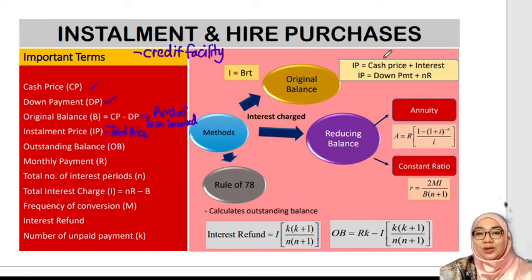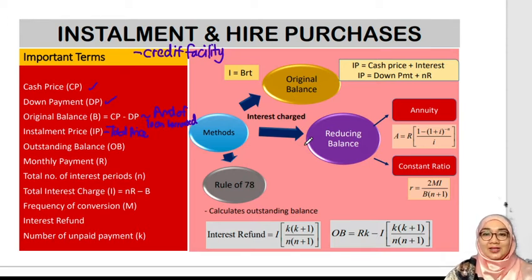This is how we calculate the installment price: equal to cash price plus total interest amount, ataupun down payment plus dengan total number of payments. Alright, bila kita go for installment, buyer dia akan pilih installment, bayaran secara ansuran. So what we are interested in is to know how the interest is being calculated.